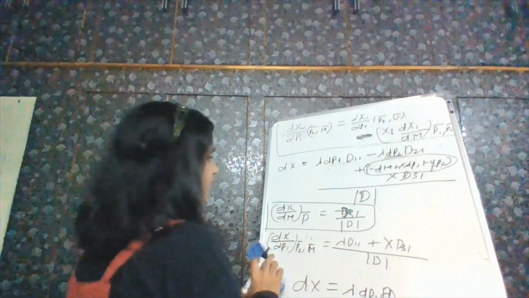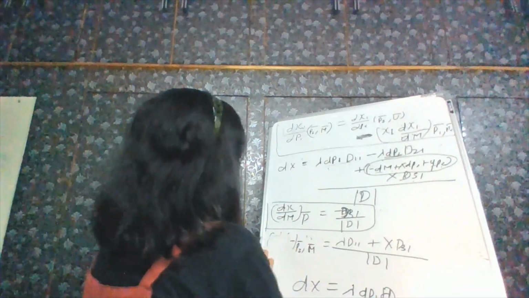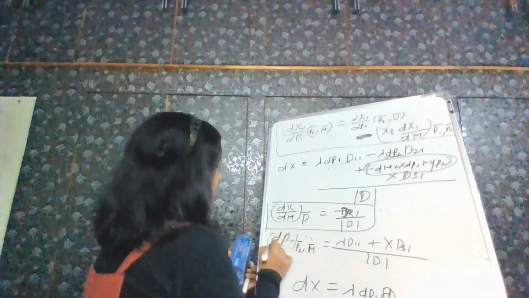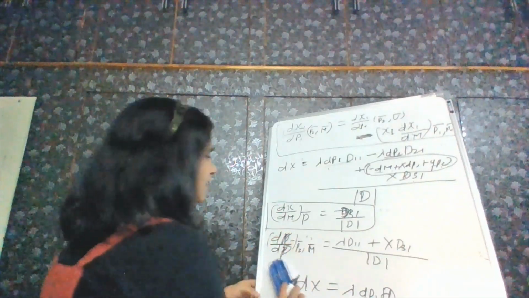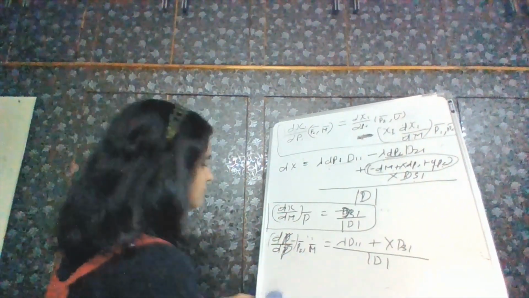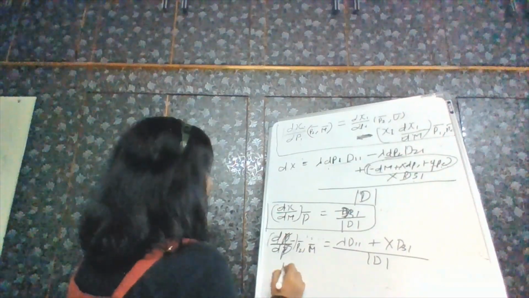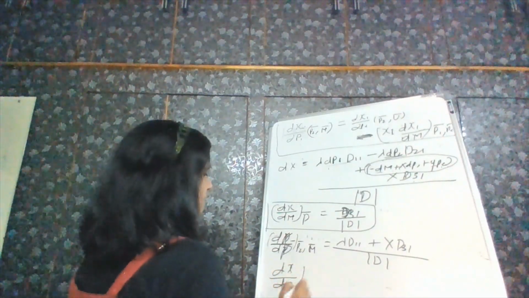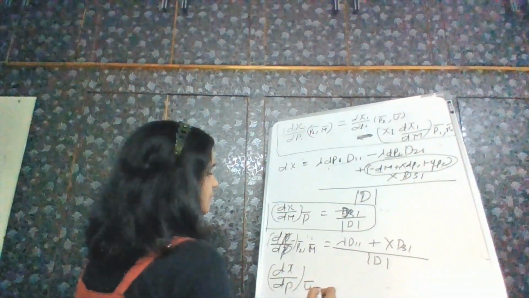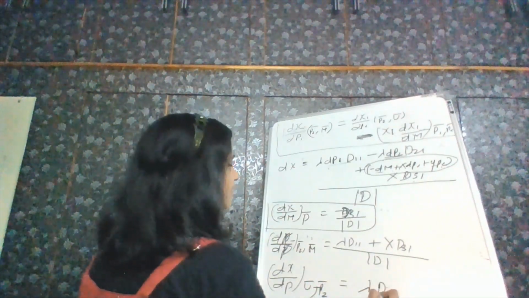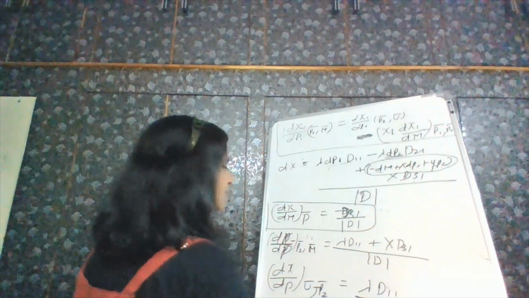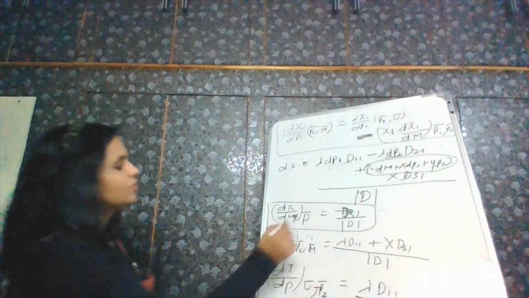So now we'll write the third equation here. Dx by dp1 when your u is constant and p2 is constant was lambda d11 by d. Now you just have to put these equations together.